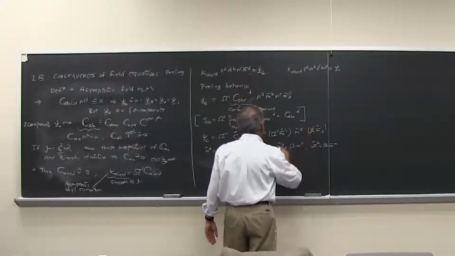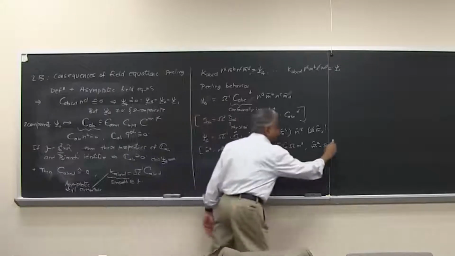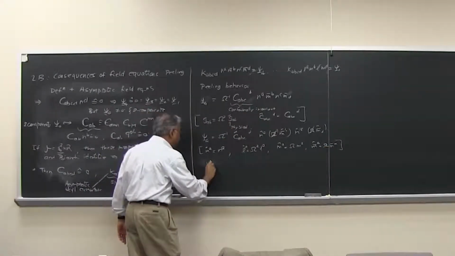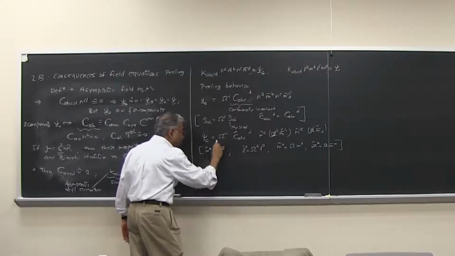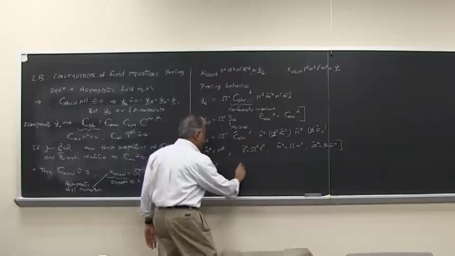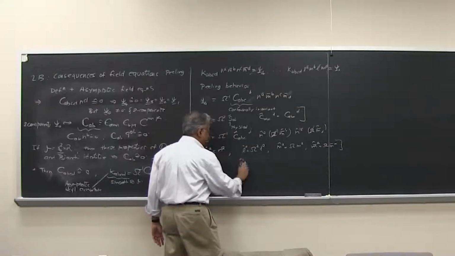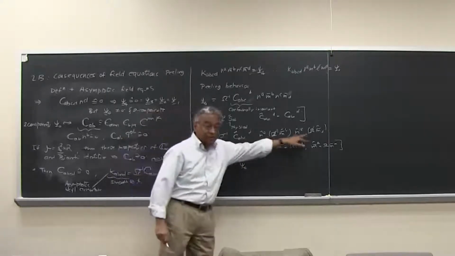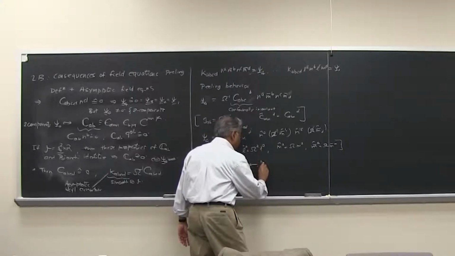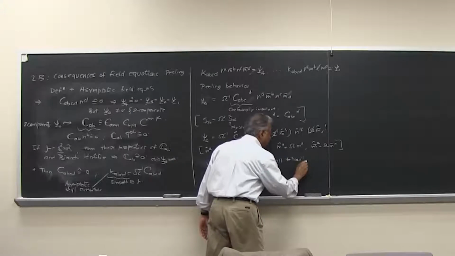And this omega cancels, and therefore I'm left with psi 4 equal to omega to the minus 1 times psi 4 hat, if you like. This is the psi 4 component of the physical Weyl tensor, psi 4 hat, in the physical Newman-Penrose tetrad. So this is the Newman-Penrose null tetrad of physical space-time.